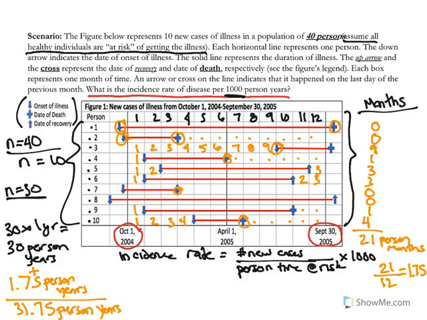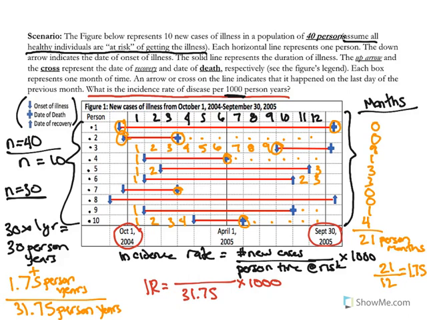So now that number, I'm going to switch to a new color, becomes our denominator for our incidence rate calculation. I'm going to shorthand denote incidence rate as IR. So now our numerator we still have to figure out, that's the number of new cases, but our denominator we just calculated as 31.75 person years, and we know our multiplier as 1,000.